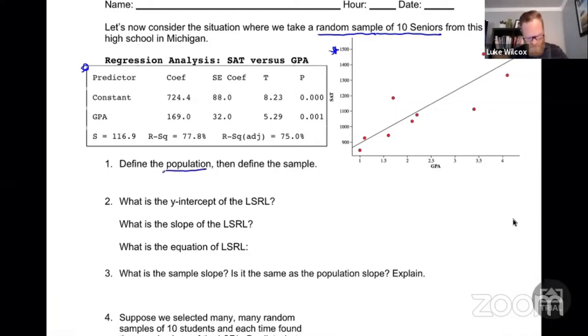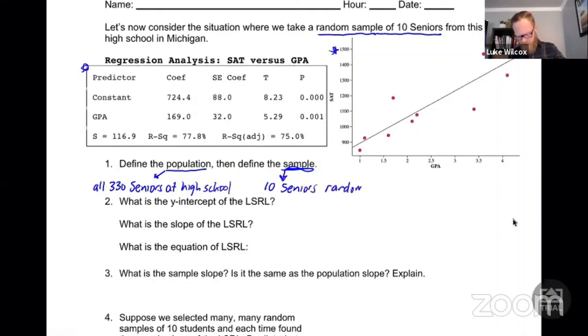Well, I think we did that already on the previous page. That's all 330 of the seniors at this high school. But this time we don't have data for all of these students. We only have a sample. And so the sample in this case is the 10 seniors that have been randomly selected.